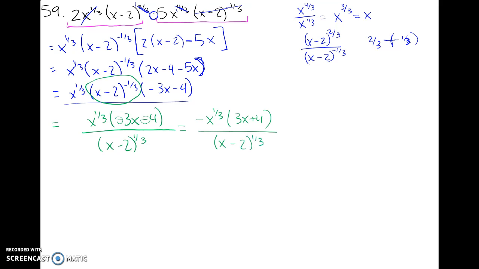Really this would probably be the simplest form if you need to simplify it completely. Both of these are factored versions, and they're completely factored. So I'm not sure what the answer in the back of the book looks like, but either one of these three would be an appropriate answer for that one.